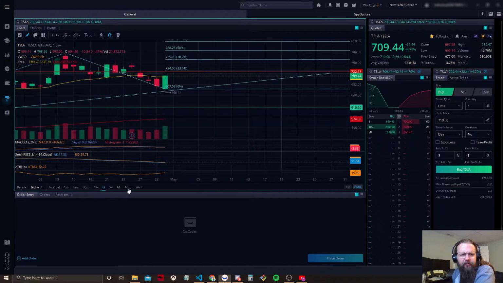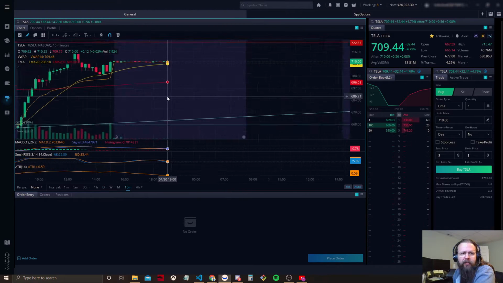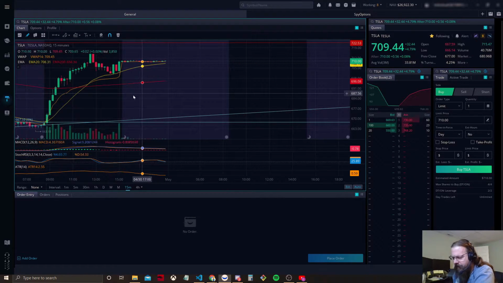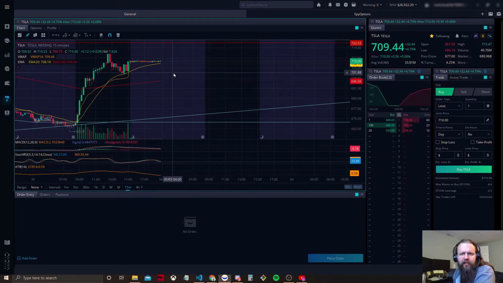So let's zoom in and look at some of these entry levels. It's down to $710 after market. I feel like that's a good entry point. I have written down in my notes entry points at 700.